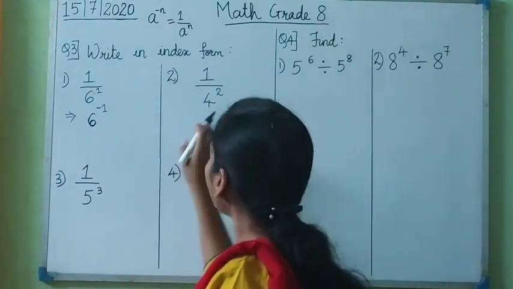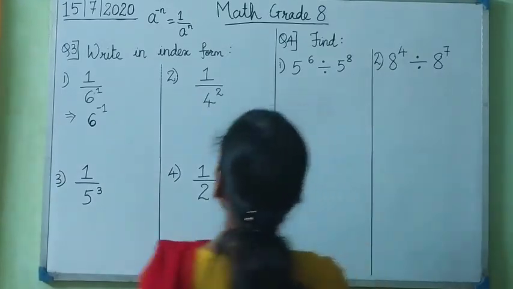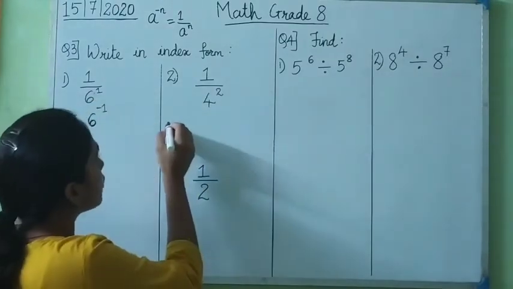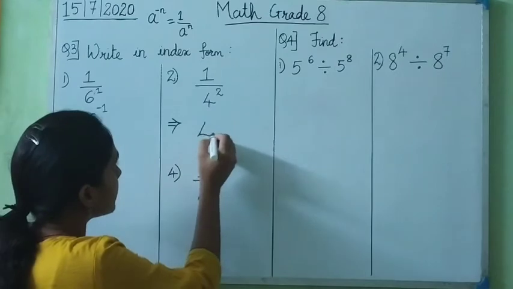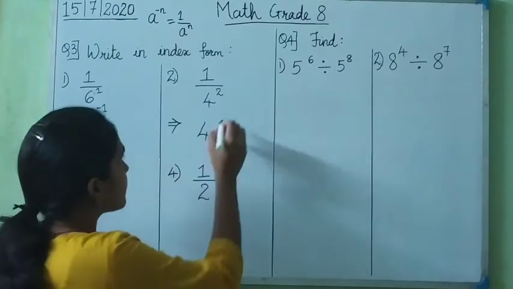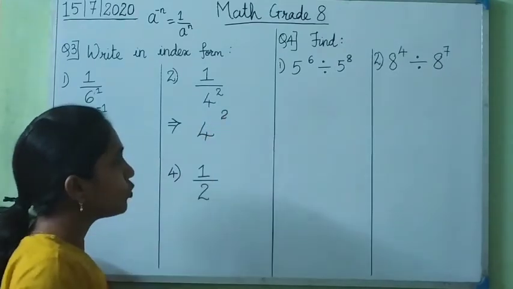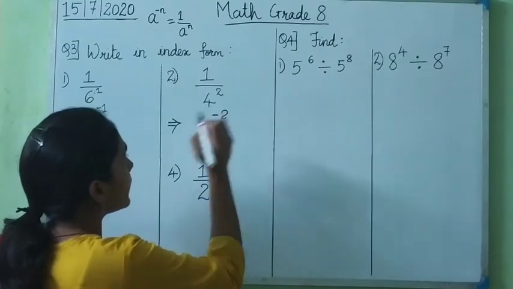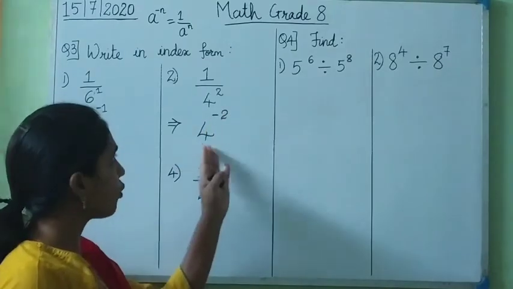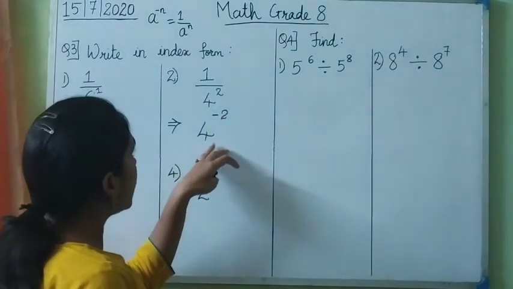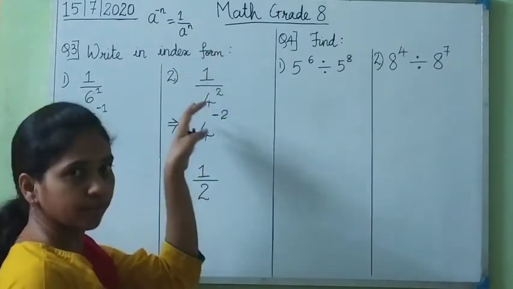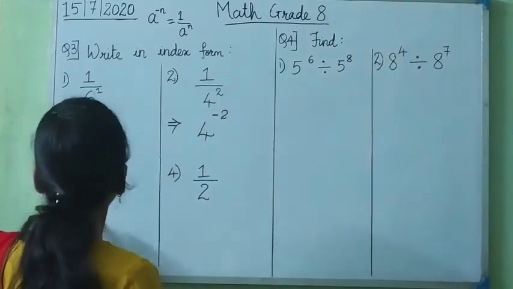Now the next one is 1 upon 4 raised to 2. Here also the number will remain the same, which is 4. Its power is also the same, 2, only we put a negative sign to it. So it becomes 4 raised to minus 2. This is the index form of this given fraction. Understood? Now the third example.